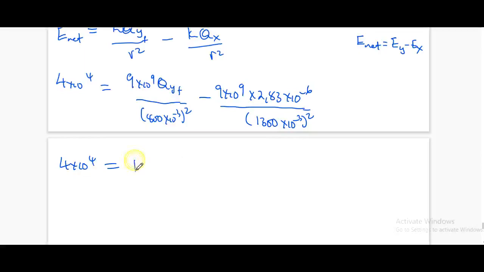So now I have 1.40625 times 10 to the power 10 qyf minus 9 times 10 to the power 9 times 2.83 times 10 to the power minus 6 over 1300 millimeters.